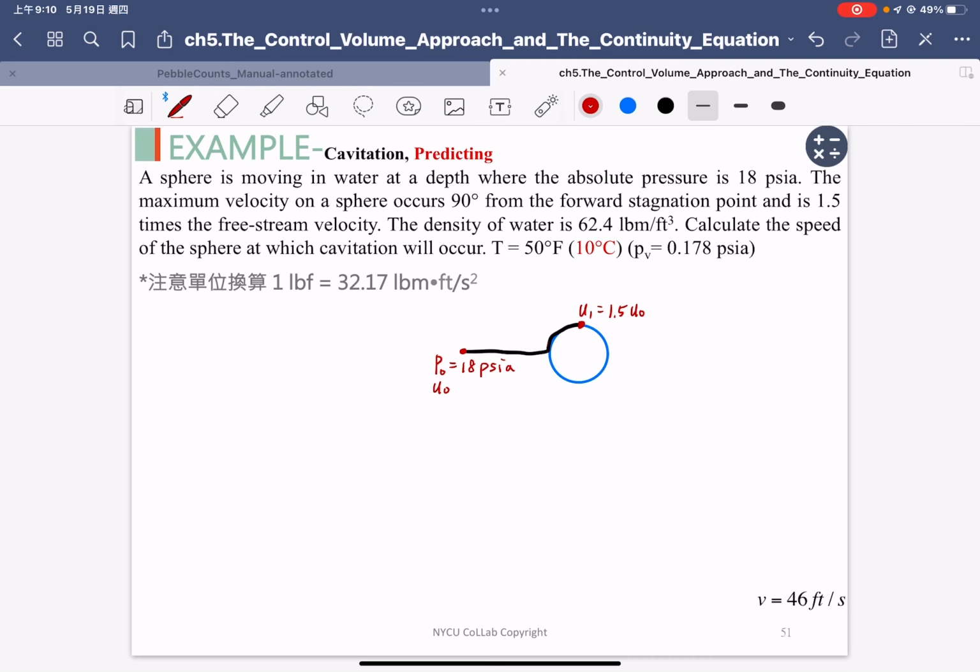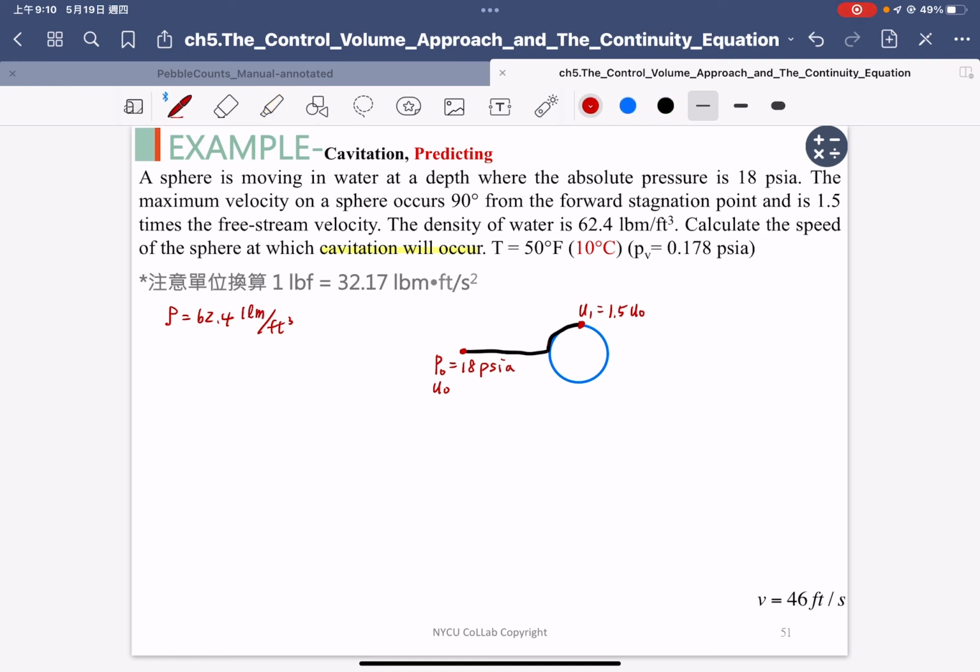And we know that the density rho is equal to 62.4 pound mass per cubic foot. So please calculate the speed of the sphere at which cavitation will occur.